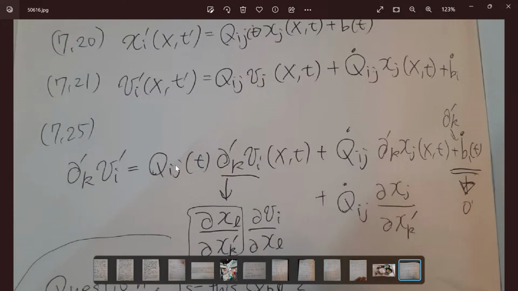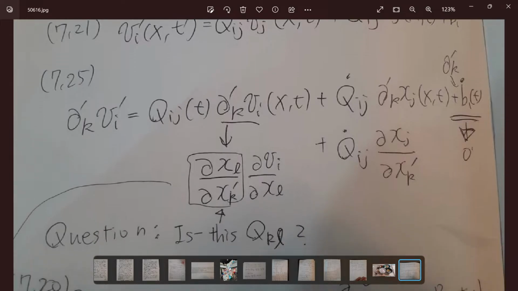This is just a kind of constant, right? This is constant, I think. This is, I think, a constant rotation matrix.